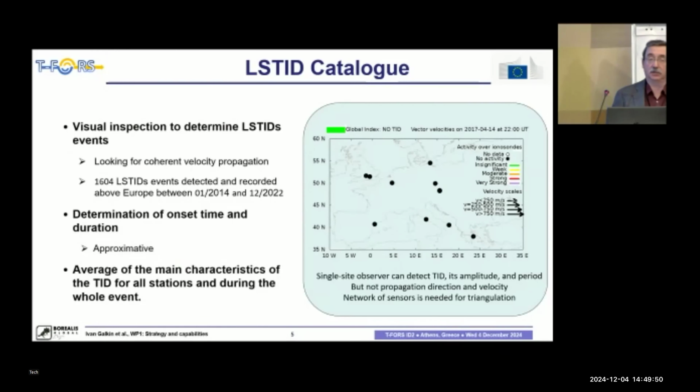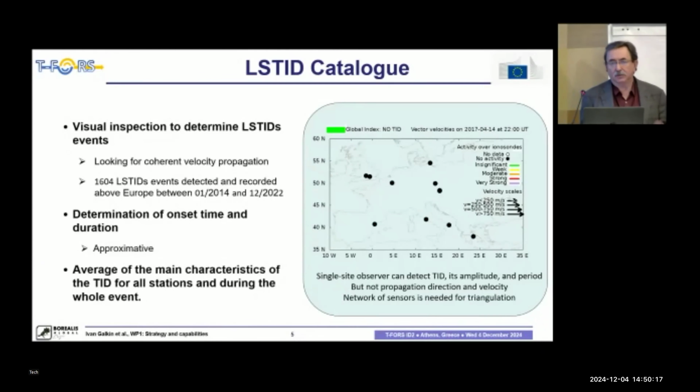That means that all the stations involved indicate, yes, we see TID, it's strong, and we all see that the TID goes in the same direction, reported by the sensors. When that happens, it goes into the catalog. All right. So there are about 1,600 LSTID events identified, listed and recorded above Europe.